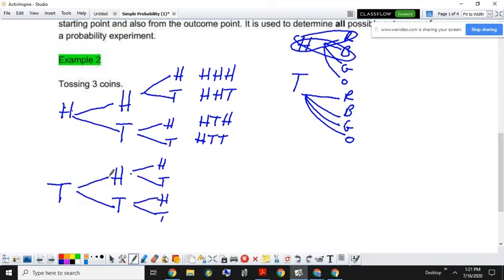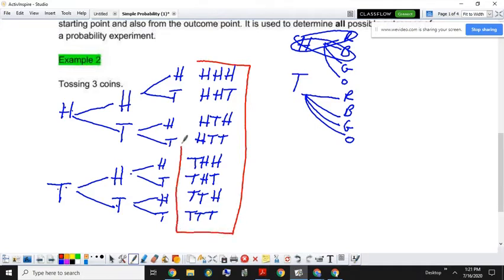I could get tails, heads, heads. Tails, heads, tails. Tails, tails, heads. Tails, tails, tails. Okay, so this is your outcome for tossing 3 coins.